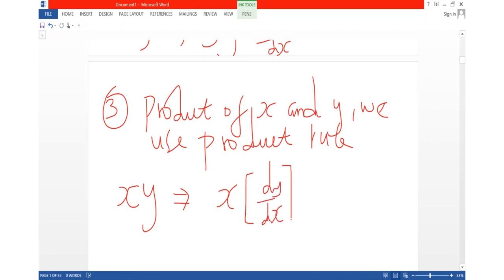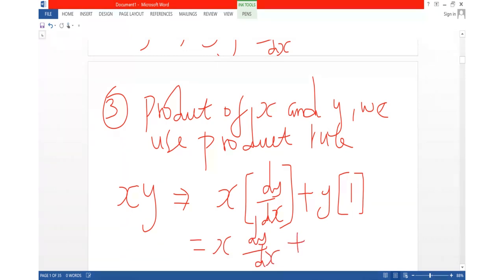Plus, now because x was my constant, let y be my constant, and I differentiate the x. When you differentiate x normally, you get 1. So here the answer will be x dy dx plus y.